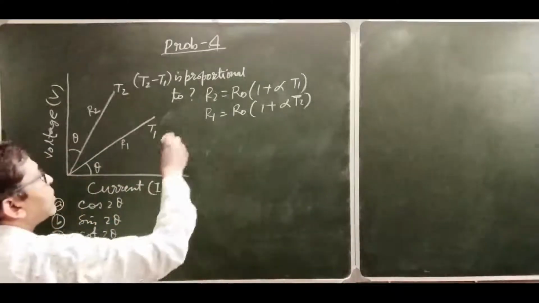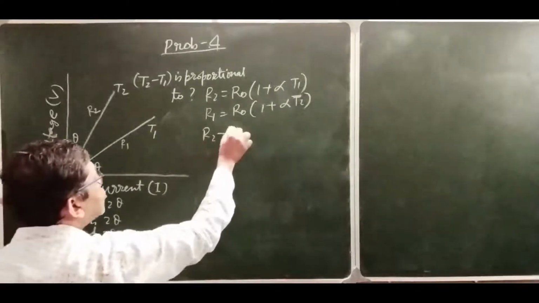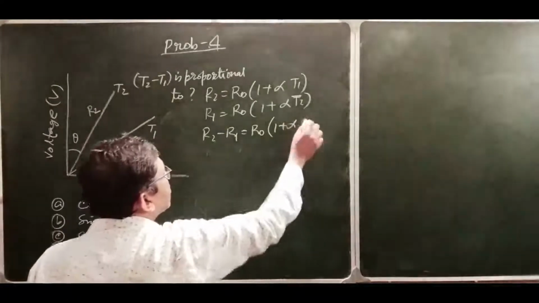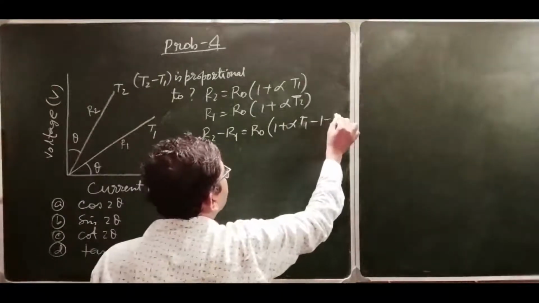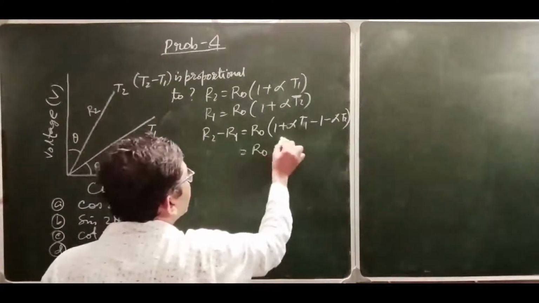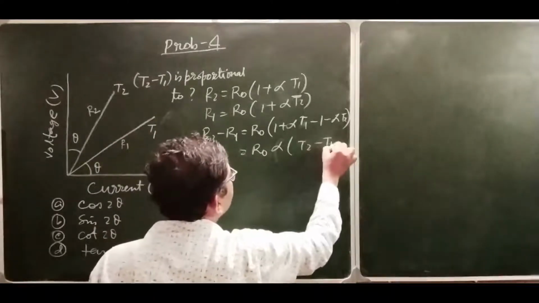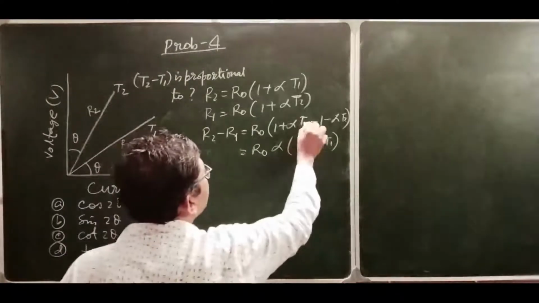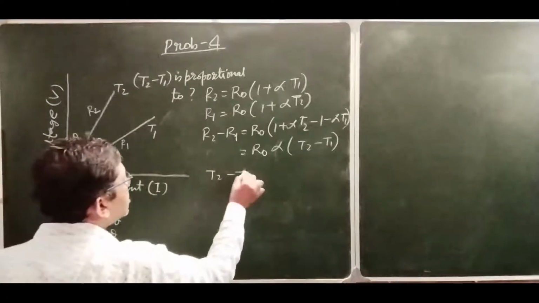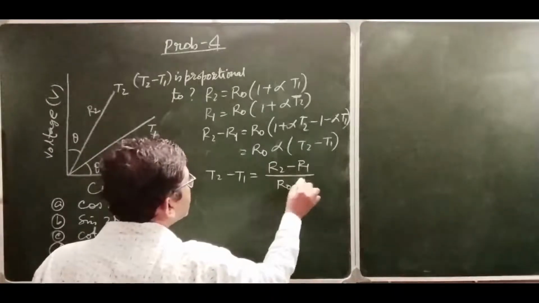If we subtract the second equation from the first equation, then we get R2 minus R1 is equal to R0 into alpha into T2 minus T1. This will be T2 and this will be T1. So T2 minus T1 is equal to R2 minus R1 by R0 alpha.